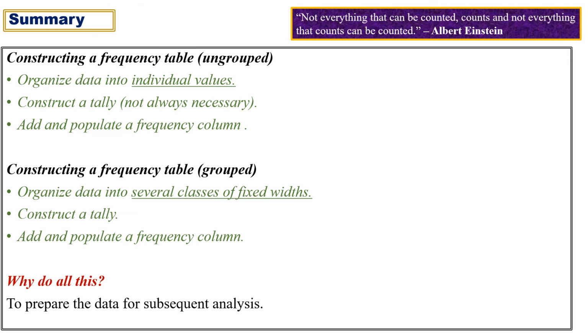We humans, when things are unorganized and just sort of scattered about the place, find the chaos kind of hard to make sense of. So structuring and organizing the data makes life easier so that we can now go deeper and study what exactly the data is saying to us. Okay, so that is the reason why we do all of this.